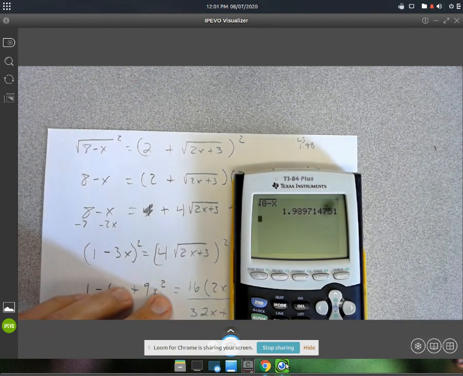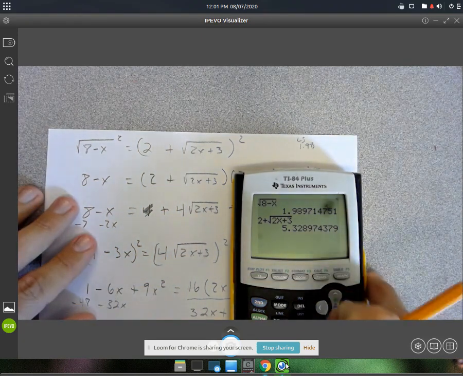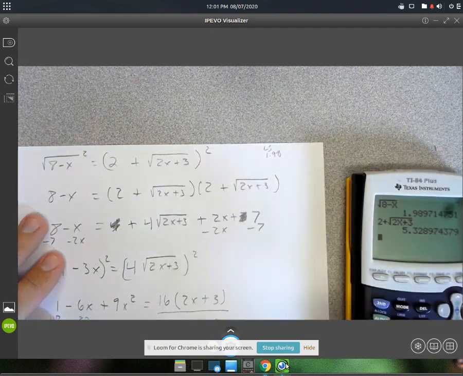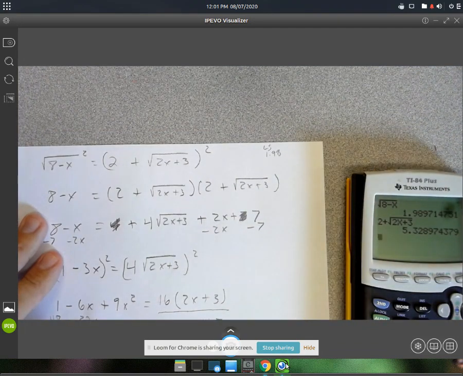On the right side, we've got 2 plus the square root of 2x plus 3. All right. And we get 5.32. So we got something else, right? So that means that the plus version does not work.